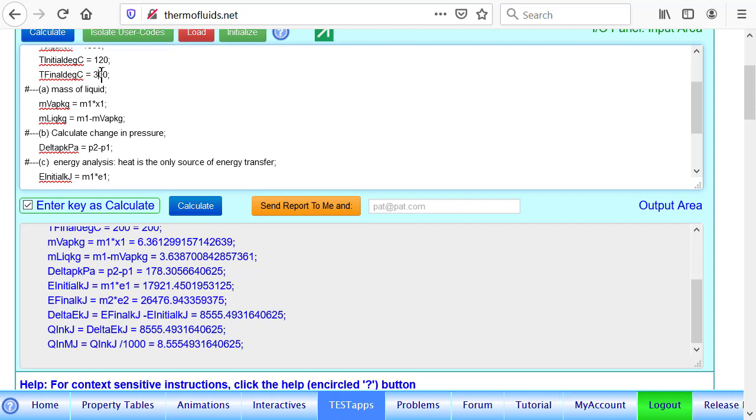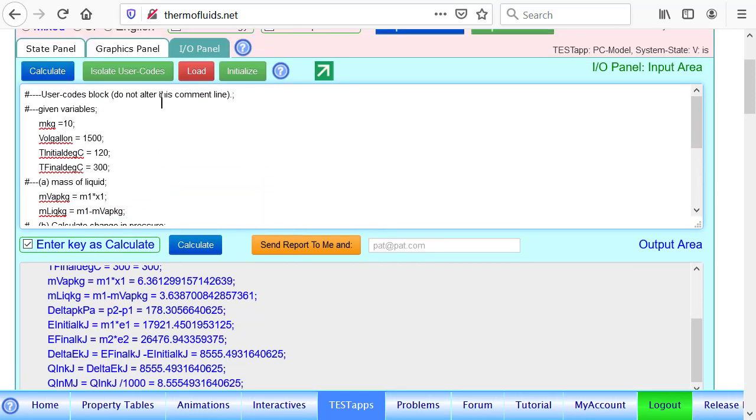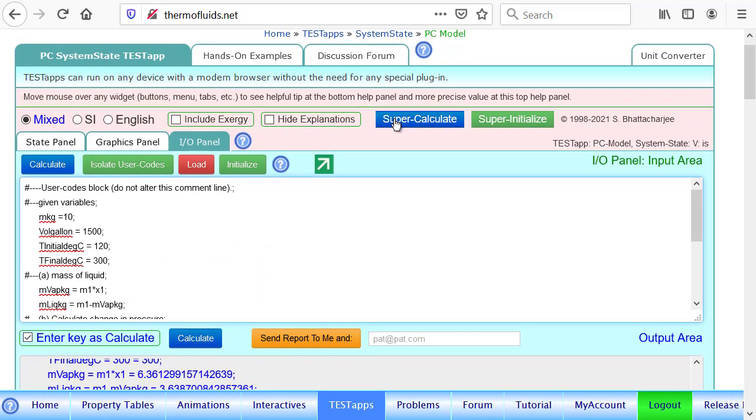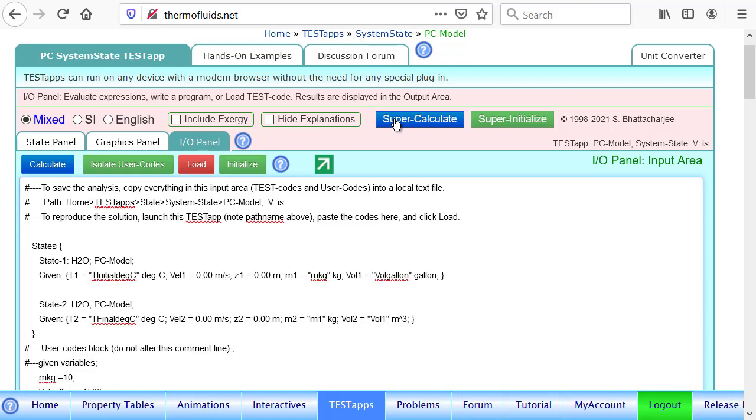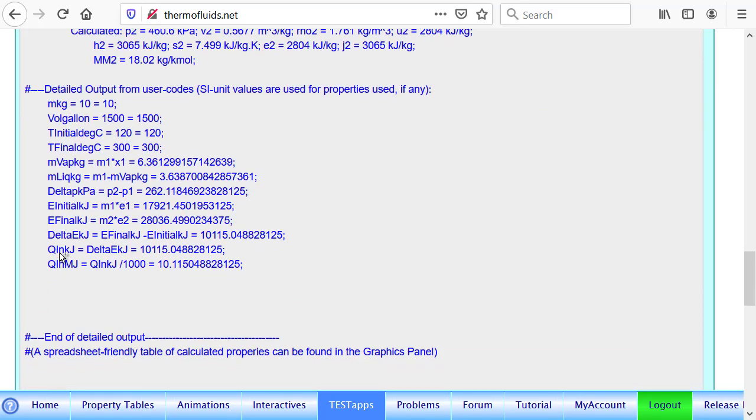You change it to 300, click the calculate button, that updates, that means your new value is registered now, and all you have to do is click on the super calculate button, and all the results are updated. You can go to the I/O panel right here and see the new answers. The heat input is now 10 million joules.